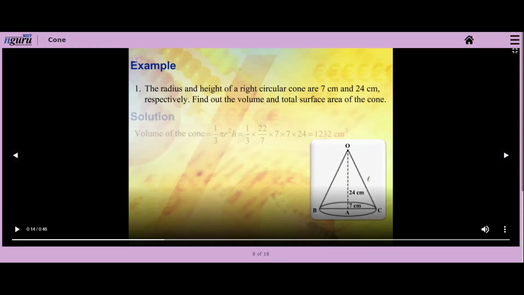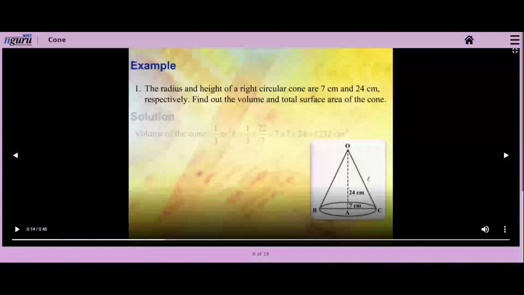Now you have to find the total surface area of a cone. The formula is pi r times the bracket L plus r. They have not given L. How to find L?